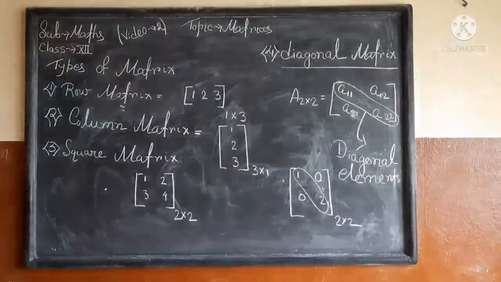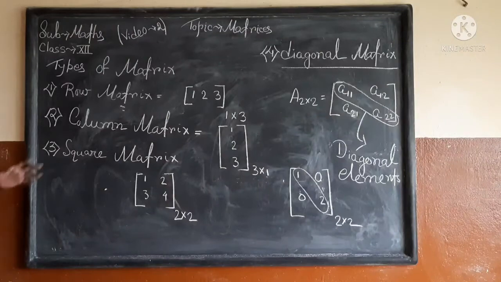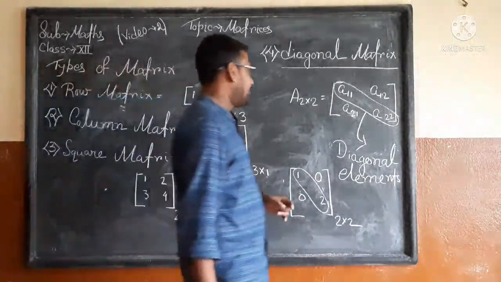So this is the example for the 2 cross 2 diagonal matrix.